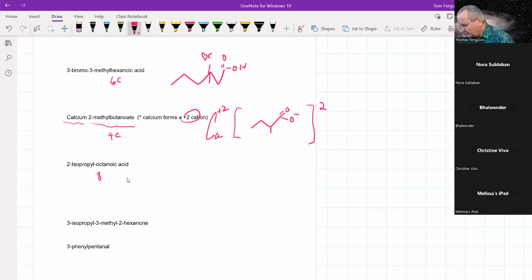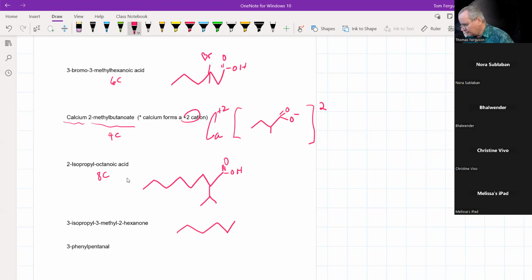So this is 8 carbons. One, 2, isopropyl. Xenon, 2-hexanone, the ketone, 3 methyl, 3 isopropyl.